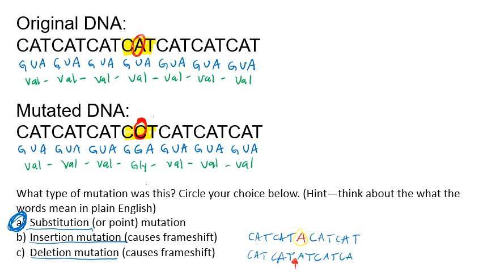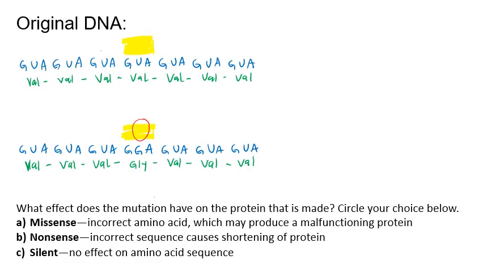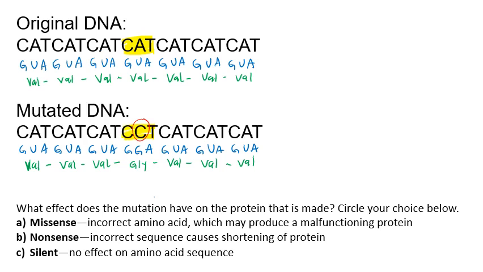And then the last part that you're looking at is trying to figure out what effect the mutation has on the protein that is made. If we look at the protein being made in the fourth codon right here, instead of making val, we made gly.